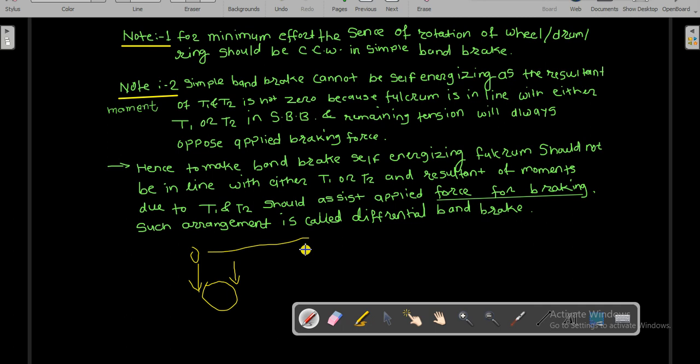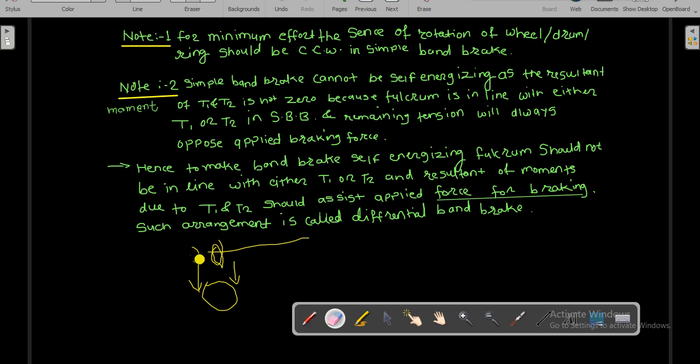self-energizing. Hence, to make the band brake self-energizing, the fulcrum should not be in line with T1 or T2, neither with T1 nor with T2, and the resultant of moment due to T1 and moment due to T2 should assist the applied force for braking. Let us say I am taking a new fulcrum here.